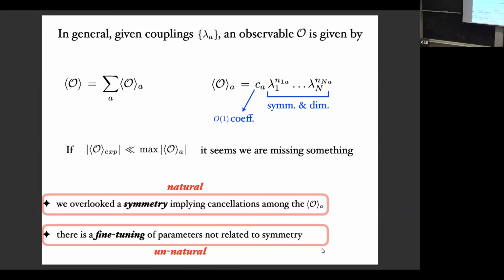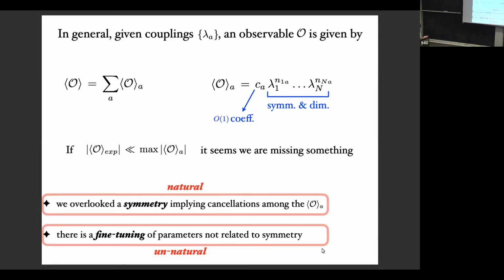And the idea, let me repeat it, is that you compute a quantity, an observable O. A general fact of life, and particularly in quantum mechanics, is that these observables result from the sum of several contributions.